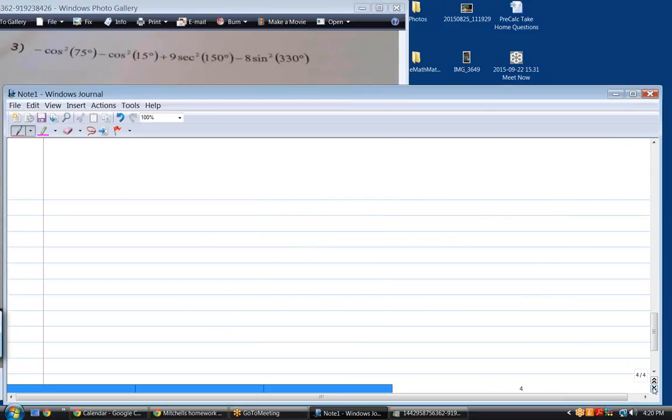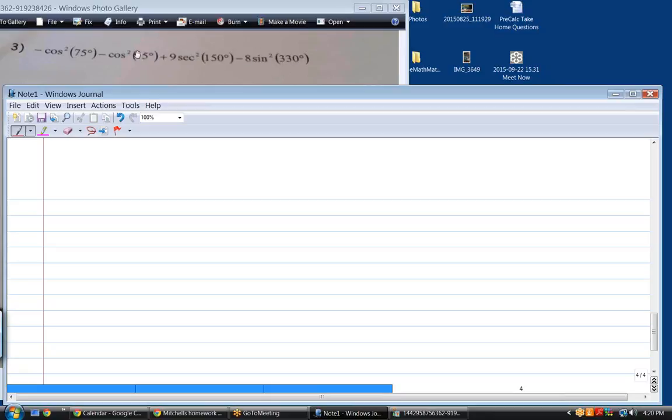So, it's not 100% clear which trig function I'm going to use, or which angle I'm going to end up with. Let's see if we can figure this out though. Is there a common angle here?